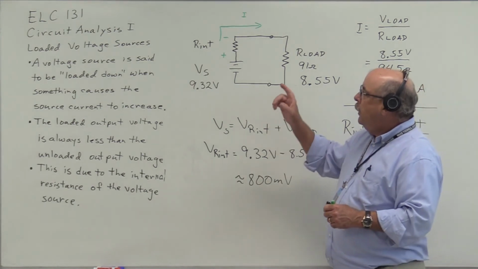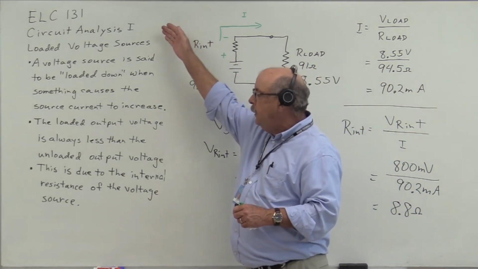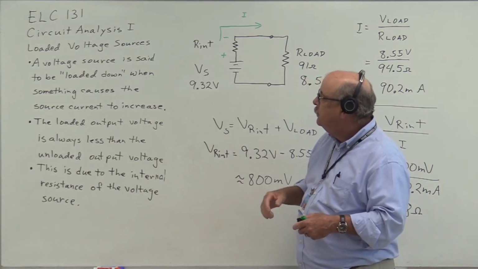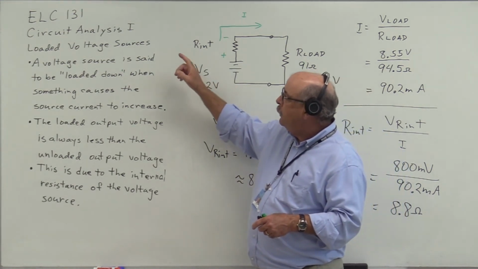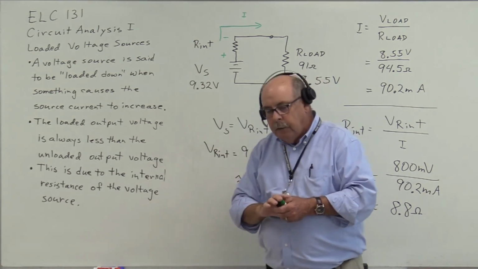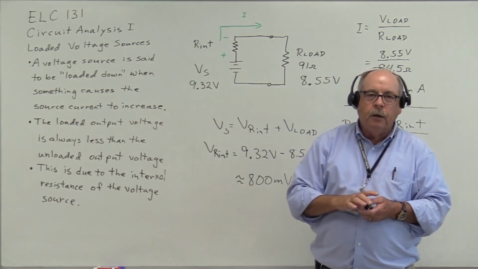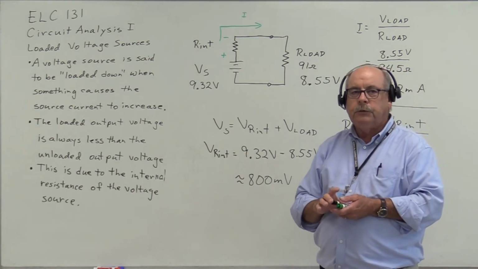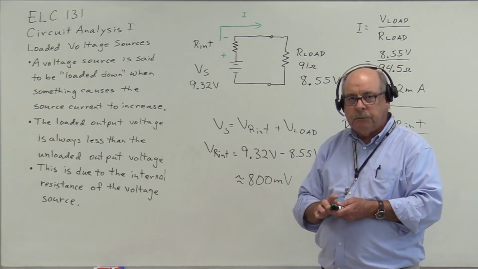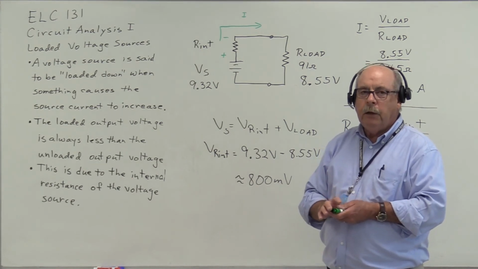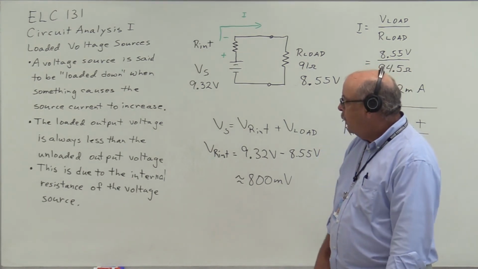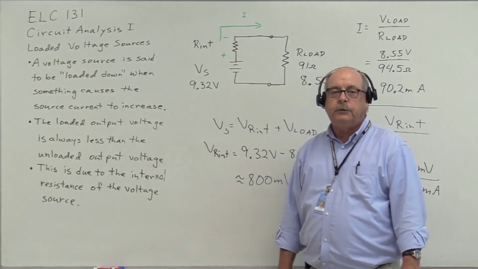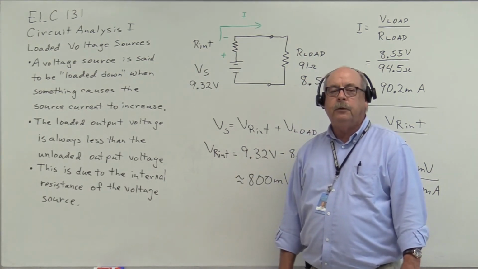So again, this is important in understanding real circuit performance, real circuit characteristics: when we connect a load to a voltage source, the output voltage of that source will always be smaller than the unloaded output voltage. Again, this is due to the fact that all voltage sources have some internal resistance.